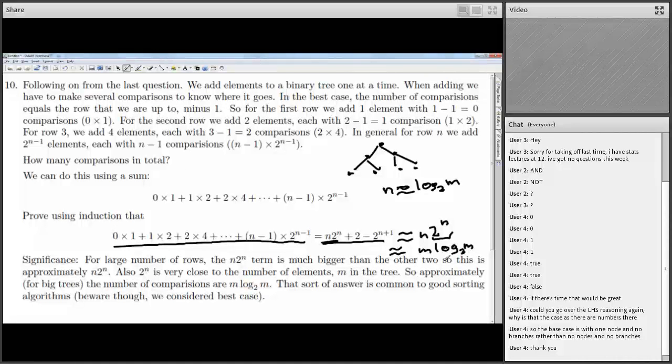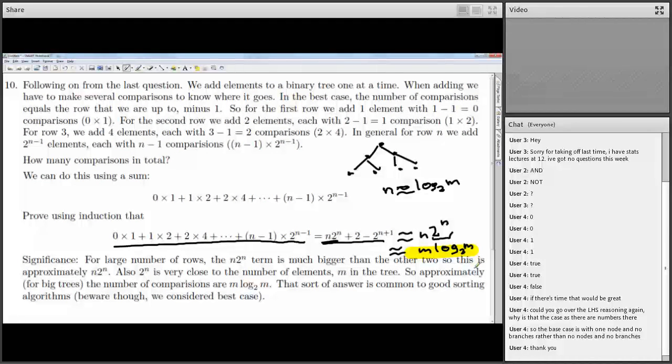So if you're making a big tree, so you're trying to sort lots of elements out essentially, then the number of comparisons you have to do for a binary tree is in the vicinity of m log m, essentially.